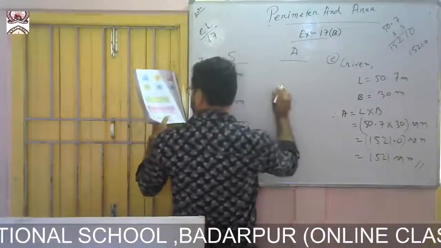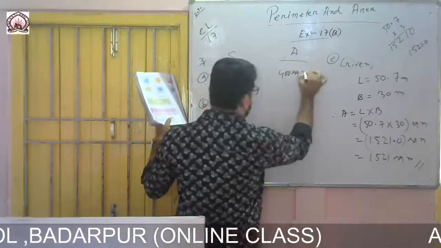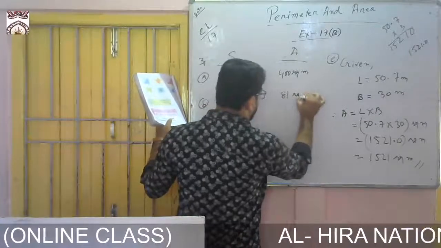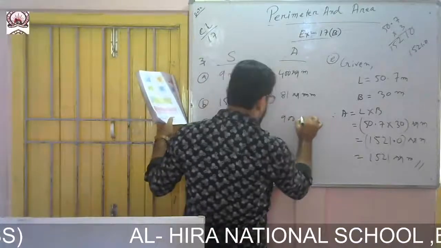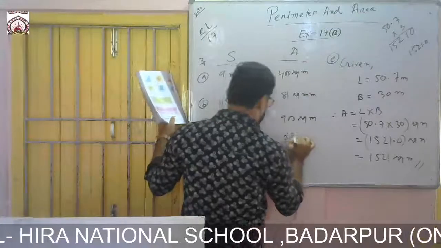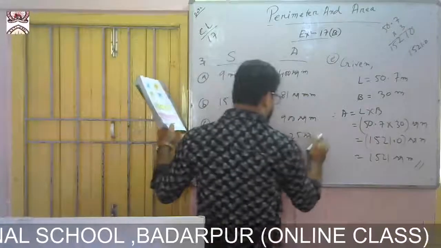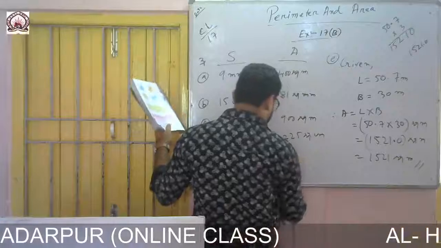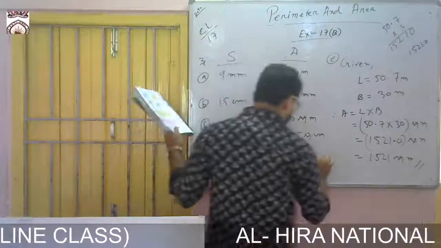And here given area: 400 square meter, then 81 square millimeter, then 900 square millimeter, then 225 square centimeter, then 324 square centimeter.